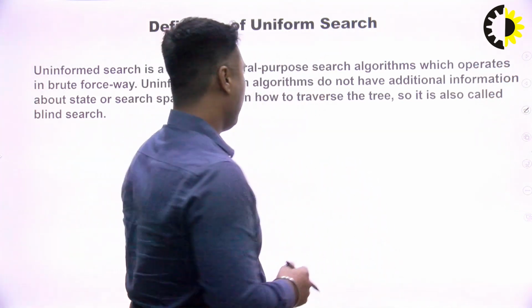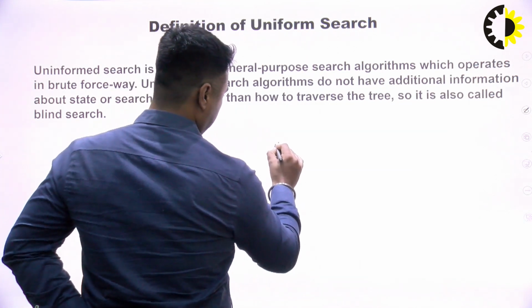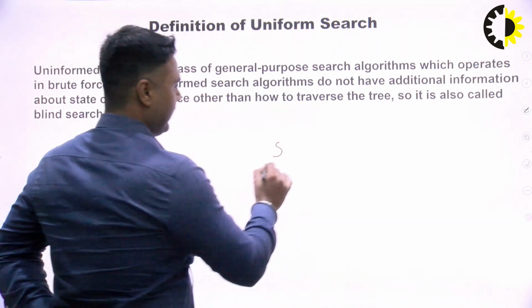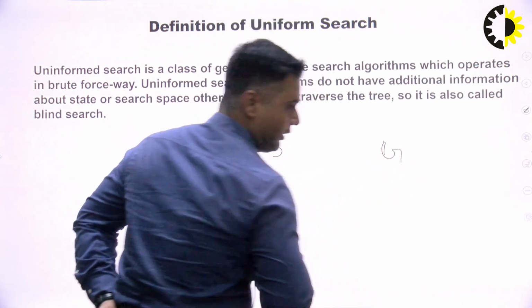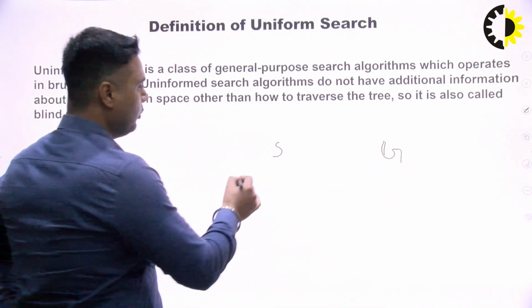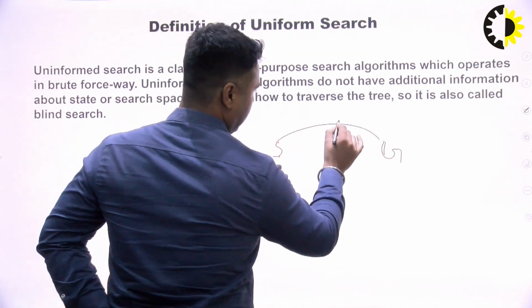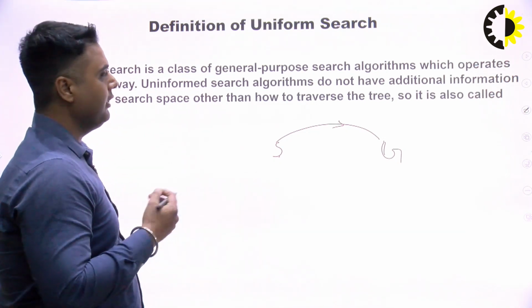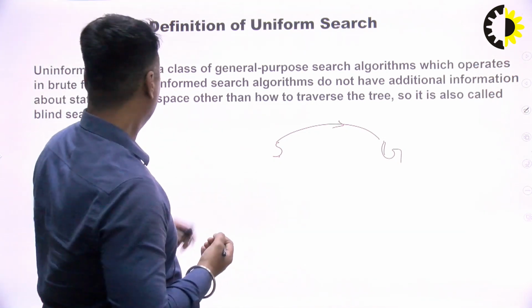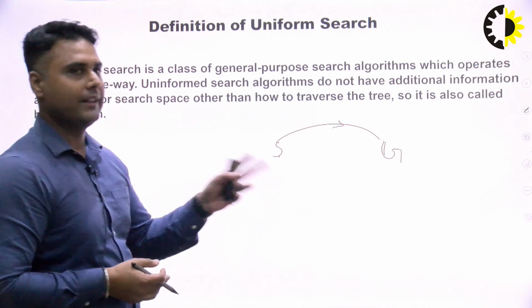First, let me understand uninformed search. That means some start state is given and some goal state is given. Then how to reach the goal state from the start state? No idea is given on how to move from the start to the goal state.